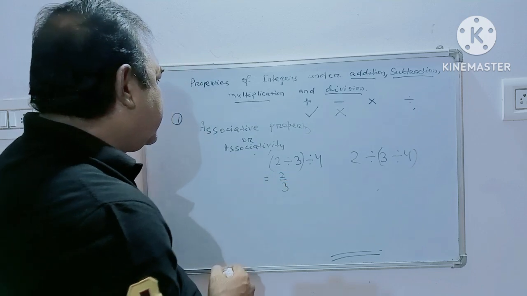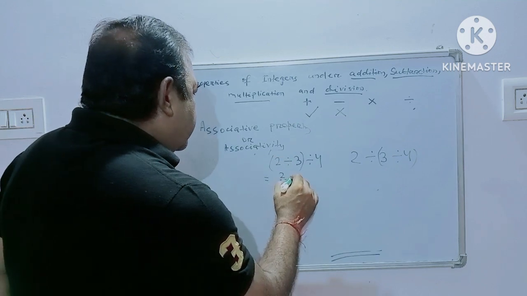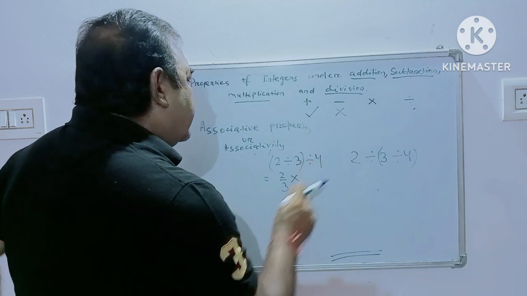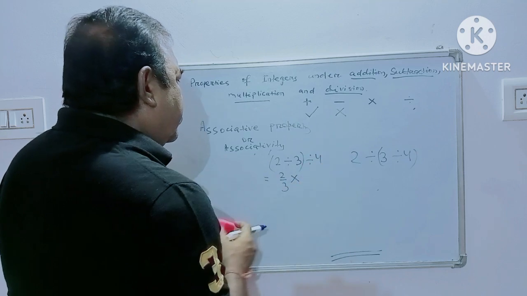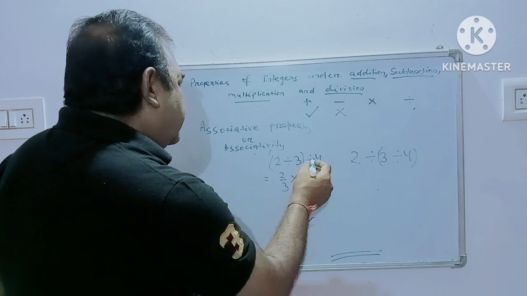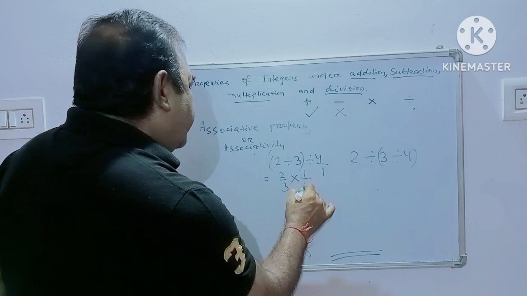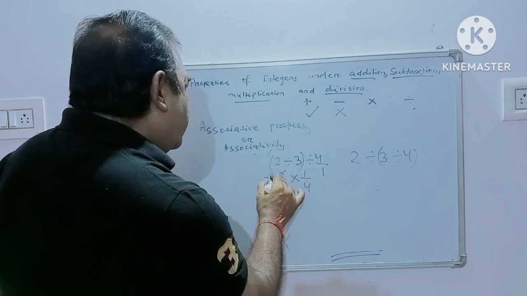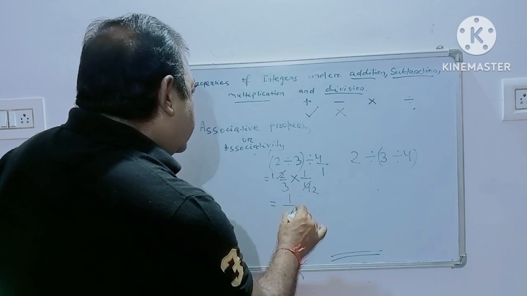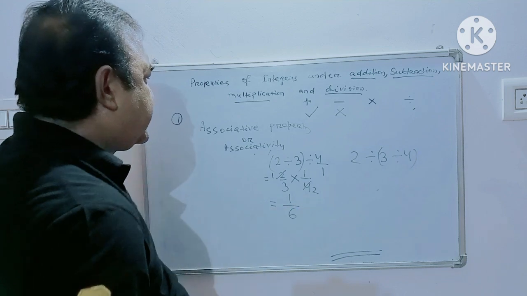Okay, 2 divided by 3, into 4 means 4 by 1. So what is the reciprocal? Because we change the division sign into multiplication, so it is 1 upon 4. So what is the final value? 2 into 1 is 2, 3 into 4 is 12. Simplifying, 1 into 1, that is 1, 3 into 2 is equal to 6. So this result is 1 by 6.